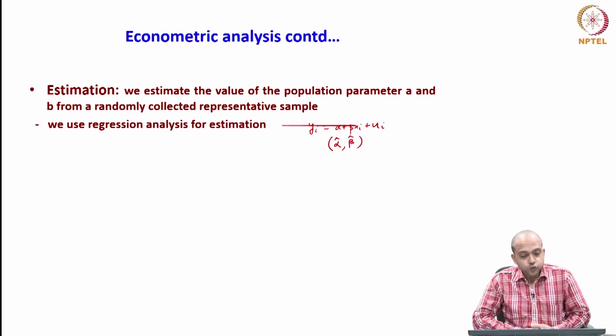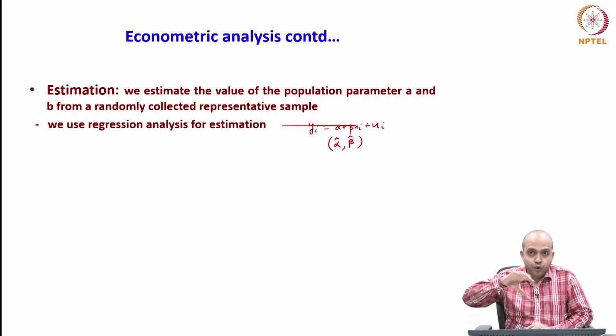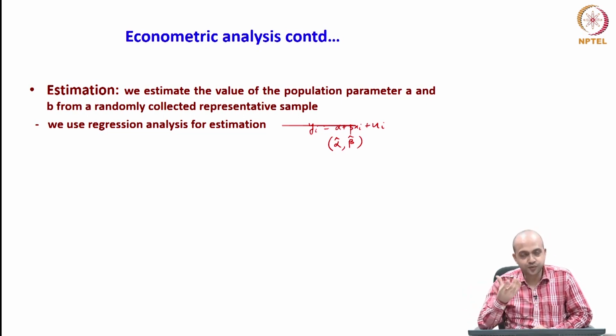And we also have to keep in mind that we are going to estimate this alpha hat and beta hat from a randomly collected representative sample. That means from a given population, let us say Chennai is your population, then from that population we can draw a sample of, let us say, 200 individuals.